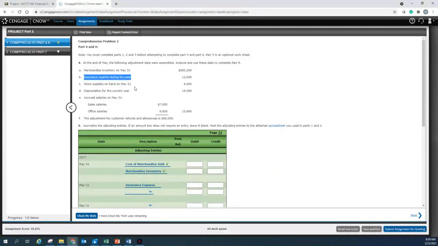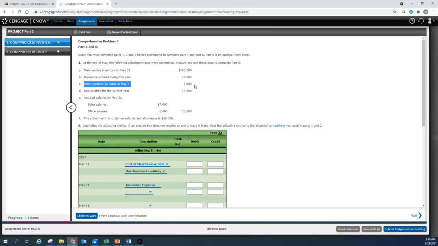Insurance is similar to supplies. So get supplies correct. Here it tells you supplies on hand. It doesn't tell you how much is used. It tells you on hand. That means the ending balance. So find out what is the beginning balance in part 1. That's the balance that was before, but now it's 4,000.